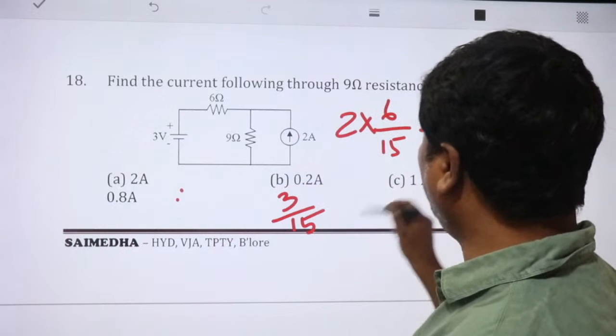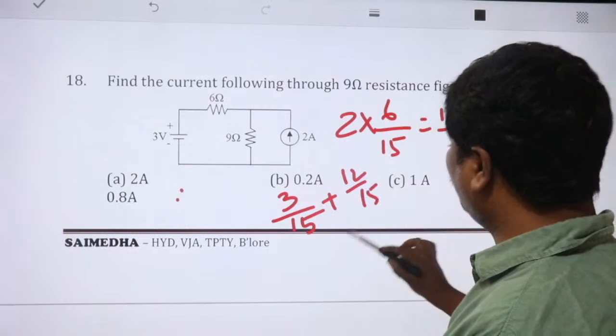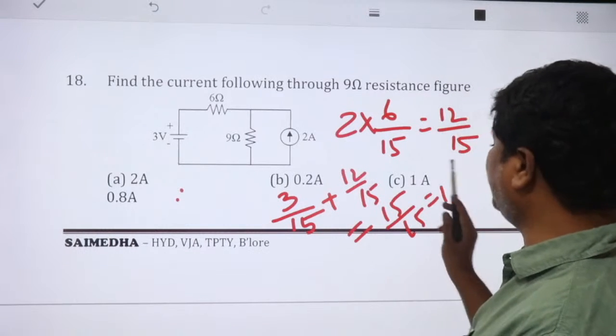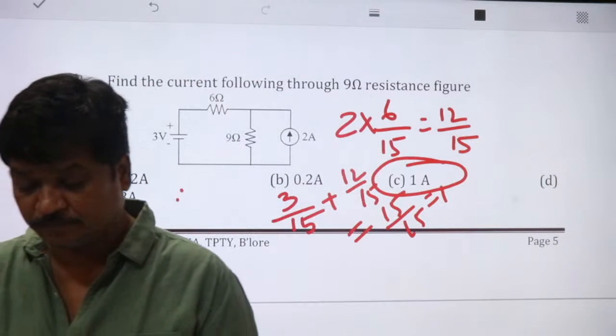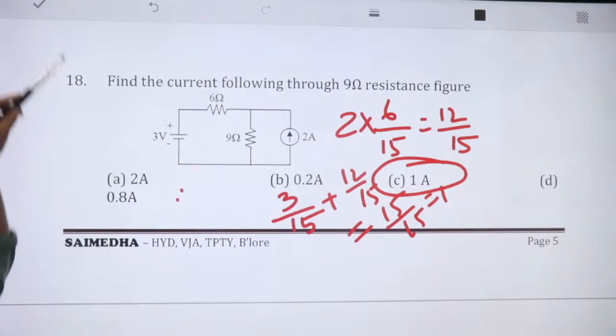So 3 divided by 15 plus 12 divided by 15, 15 divided by 15, is equal to 1 ampere. The answer is 1 ampere, based on superposition. Are you okay, ma?